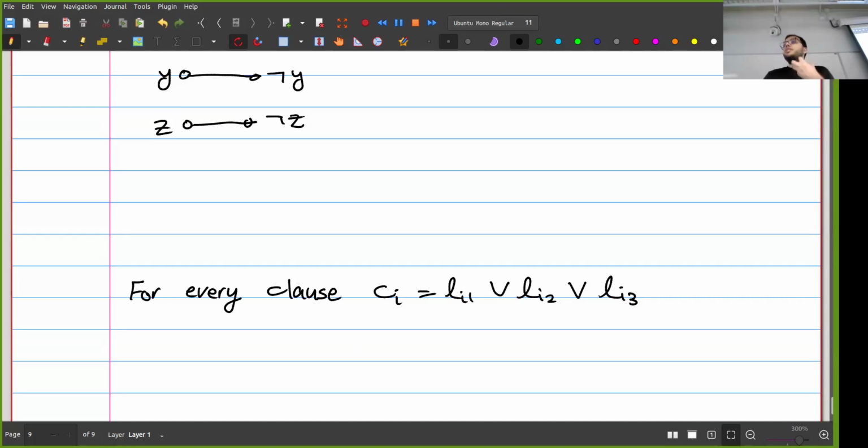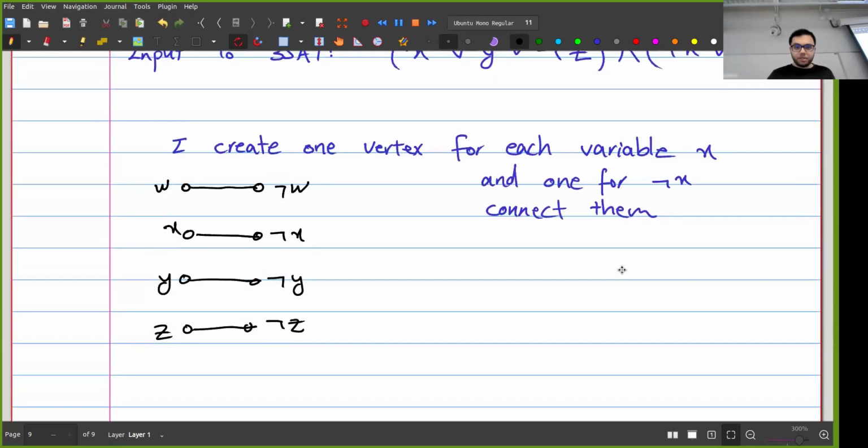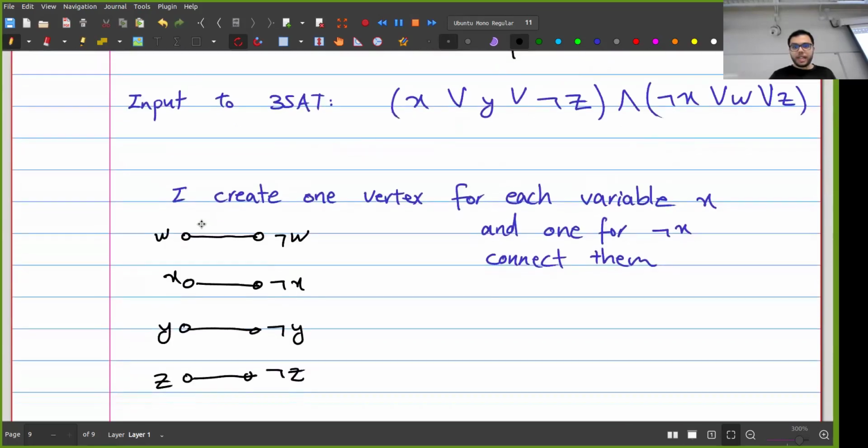And I'm introducing new vertices now. So create a new triangle, Li1, Li2, Li3. Let's go to our example. This is the graph that I already had.